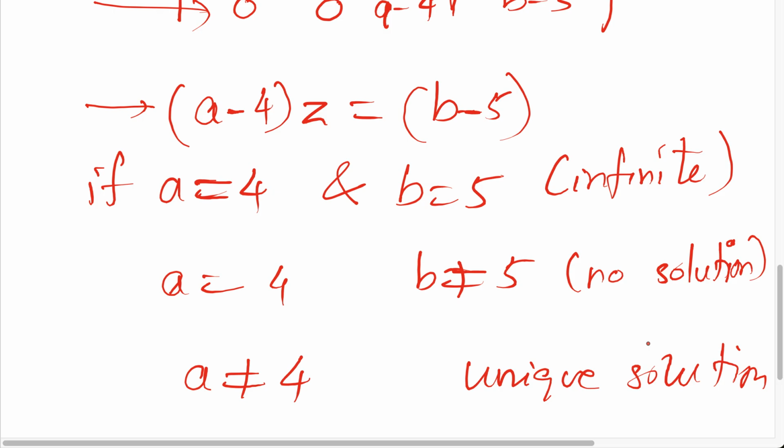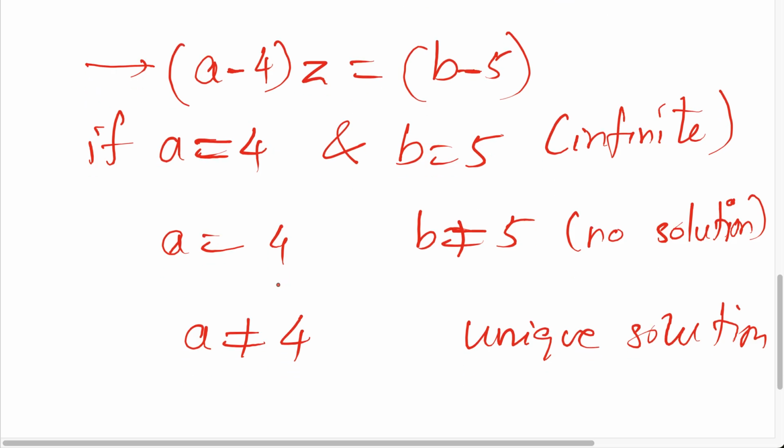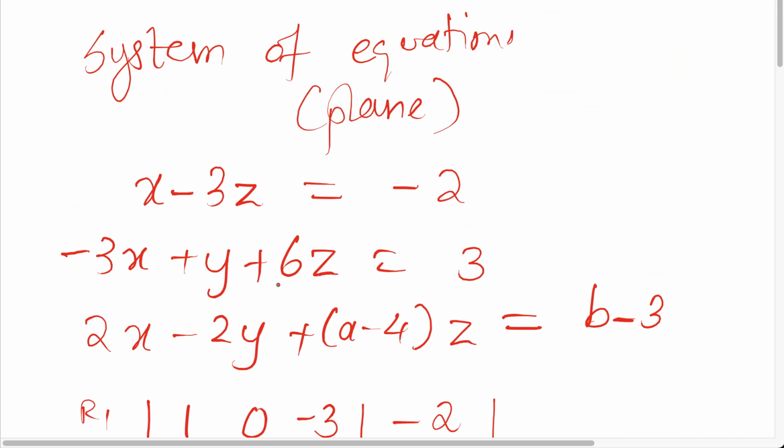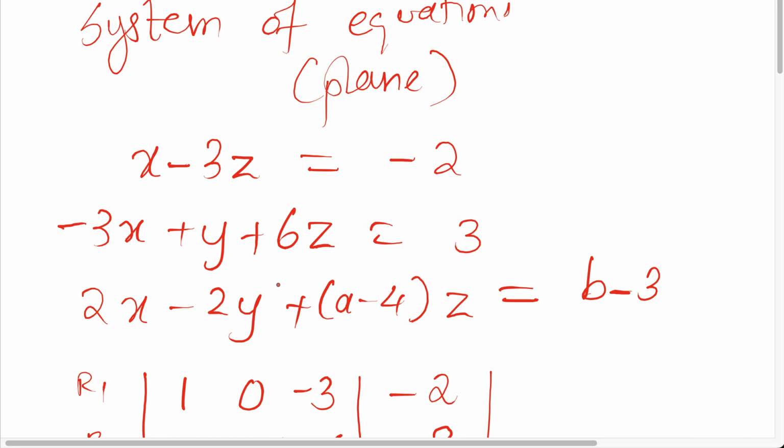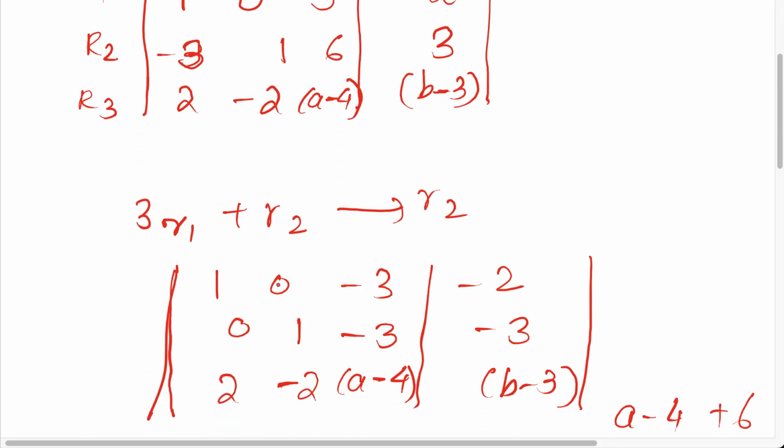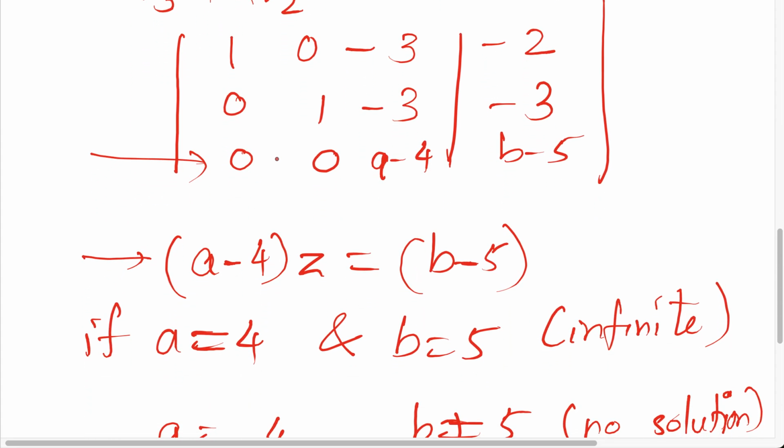So let's substitute. If a was 4 and b is 5, let's look back at our situation. In the last equation, you will not have z at all. So in the third row, where you have eliminated the x and y variables, even if a is 4, z will also be eliminated, and the last row will become all zeros on the left hand side, and that means z is free, so it can take any value.